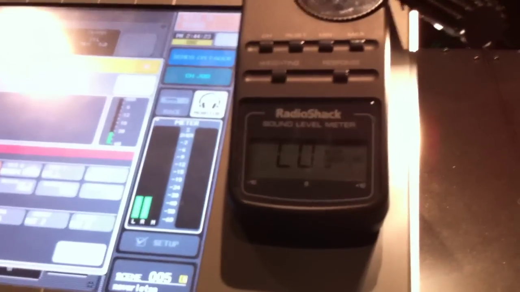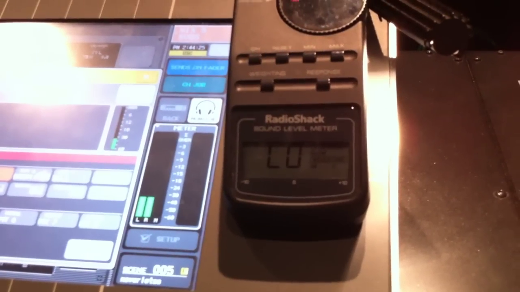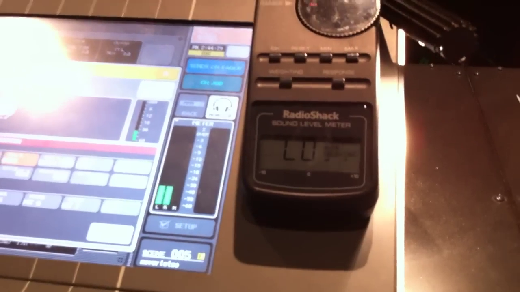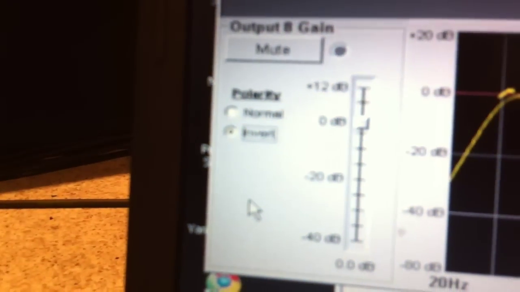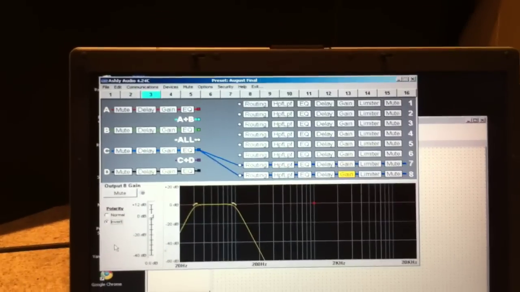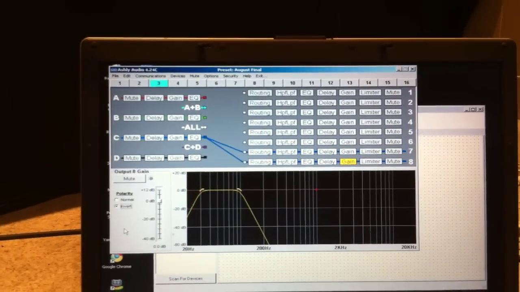When you lose that dB, you've got the waveforms exactly 180 degrees out. Then once you re-enable the polarity, when you change that back to normal, your waves will be perfectly lined up together in the mains. And that's how you time align your subs with your mains.